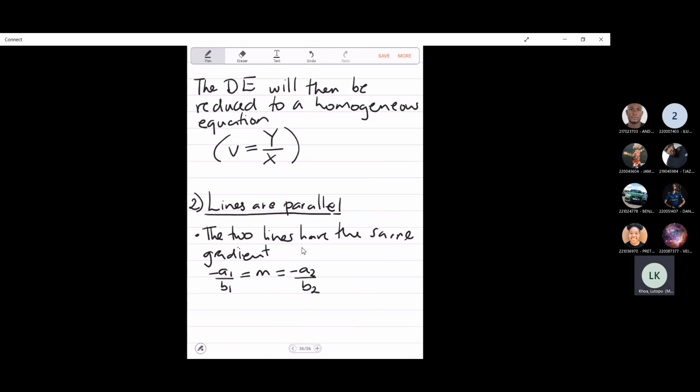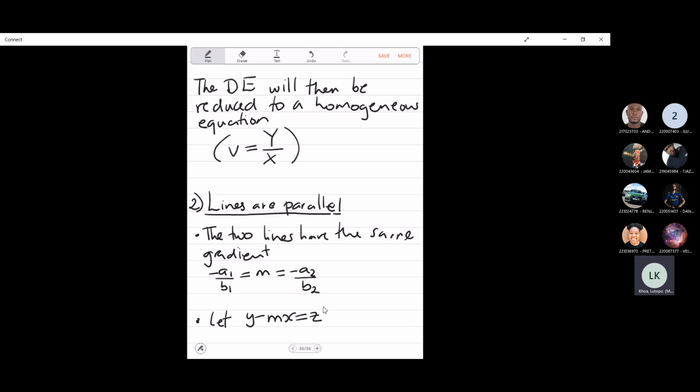Okay, now in this case, we are also going to make a substitution like with the first case, except that the substitution we are going to make is this. We say let y minus mx be equal to z.